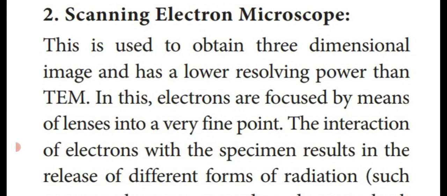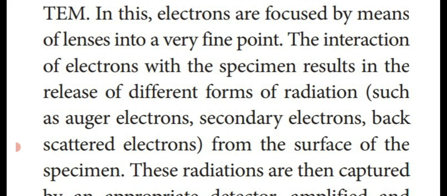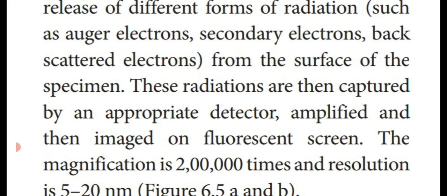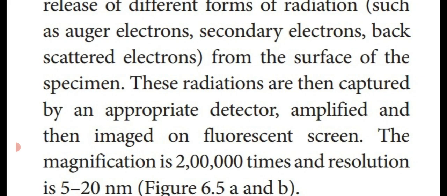The interaction of the electrons with the specimen results in the release of different forms of radiation such as Auger electrons, secondary electrons and backscattered electrons. These come from the surface of the specimen. These radiations are captured by the appropriate detector, amplified, and then imaged on the fluorescent screen.